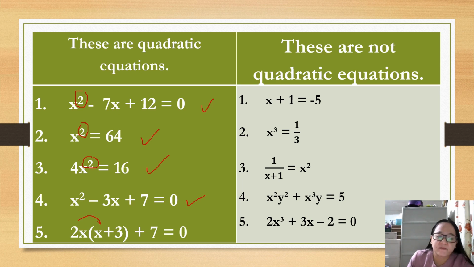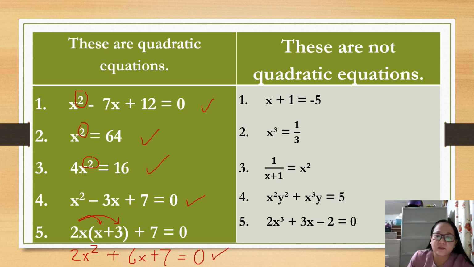If we simplify this using the distributive property, we're going to have 2x squared plus 6x plus 7 is equal to 0. So as you can see, the leading exponent on x is 2. So this is a quadratic equation.